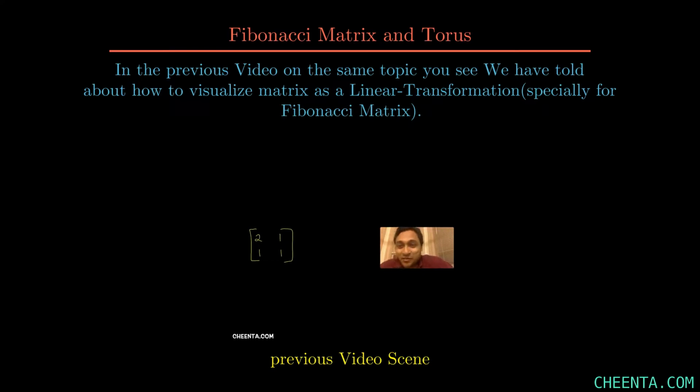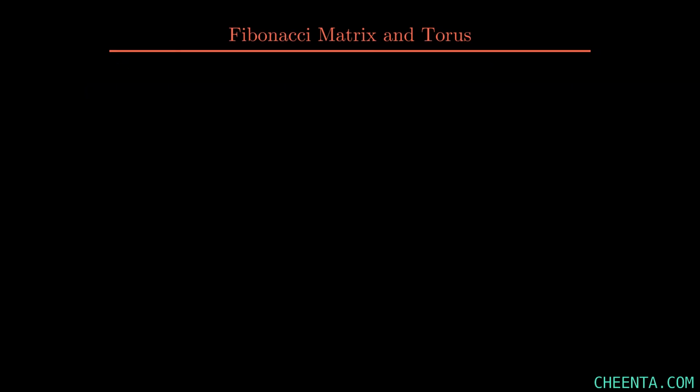Now, if you have not seen the previous video, go watch it because some concepts from there will be needed in this video. Suppose we take a 2 by 2 matrix for simplicity. Every matrix consists of some column and row vectors. In this particular case, we have 2 row vectors and 2 column vectors.